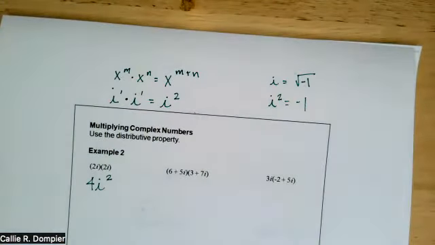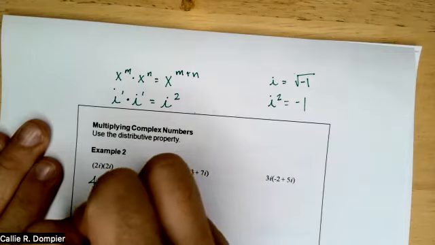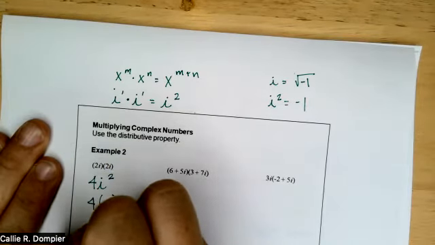Because of that rule, i times i becomes i squared. i squared we know is -1. So 4 times i squared is the same as 4 times -1, which is -4.